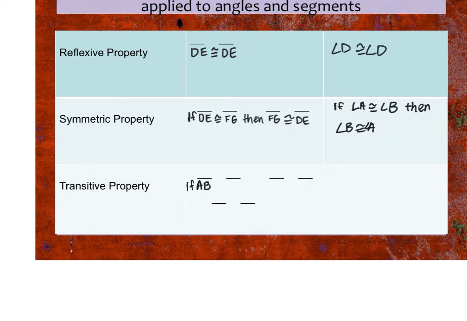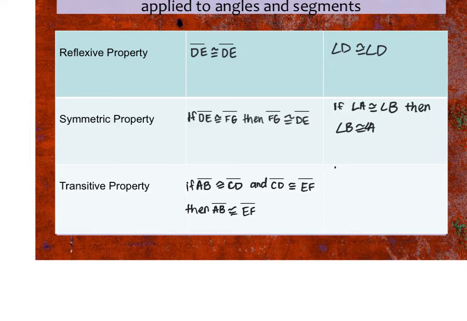If AB is congruent with CD, and CD is congruent with EF, then AB is congruent with EF.